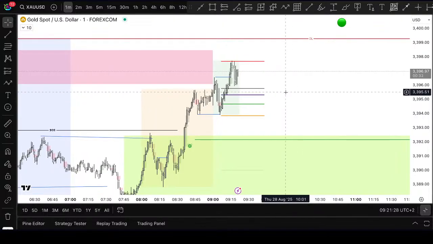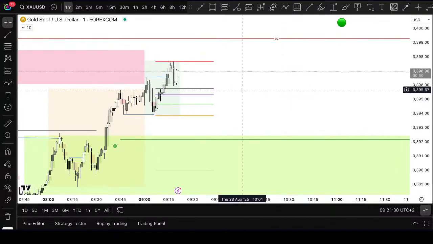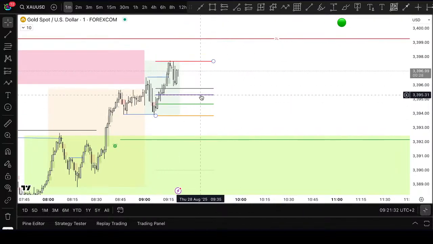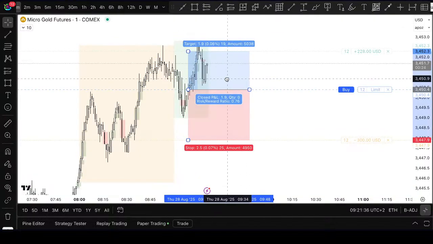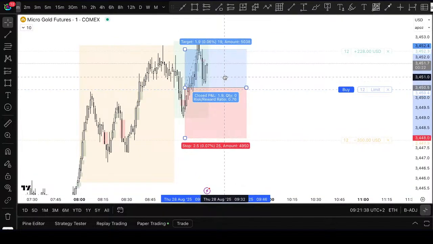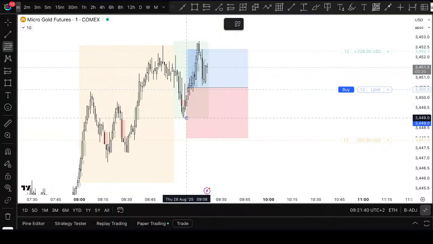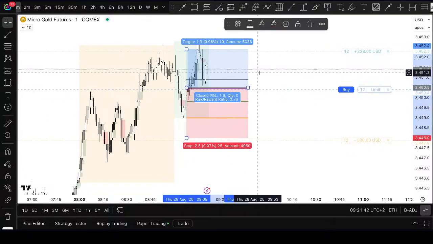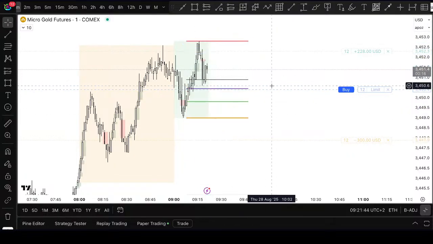And this one happened, we have a breakout structure. Yeah, definitely we can look for buys. If the price touched here, which means somewhere around here, yeah, we can look for buys somewhere here.